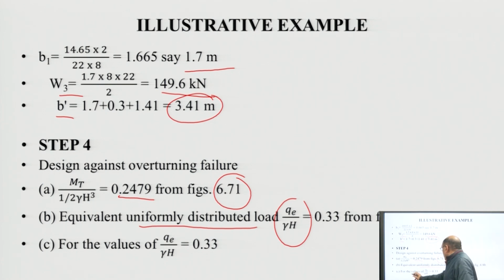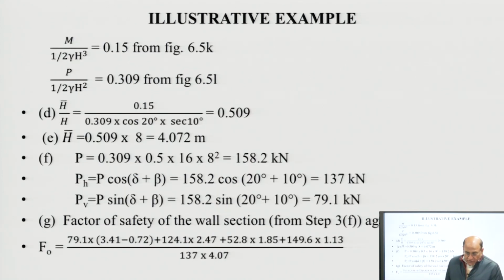So, the value of QE by gamma H will be 0.33. So, now M by half gamma H cube, that will be 0.05 from the figure 6.5K, and P by half gamma H square 0.309 from figure 6.5I.